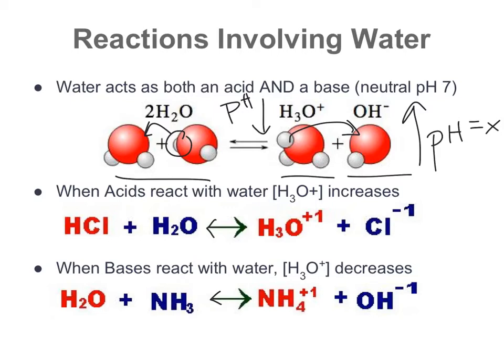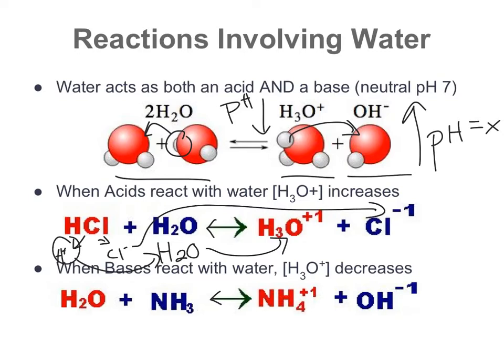But if you put water with an acid, what you're going to get is, of course, the acid will dissociate into its H plus, and in this case, Cl minus. Water, because it's a covalent compound, isn't going to dissociate at all. It's going to just stay as water because it's not ionic. So then the hydrogen from the HCl is going to clink onto the H2O, create H3O, and then you're left with your chlorine off by itself.